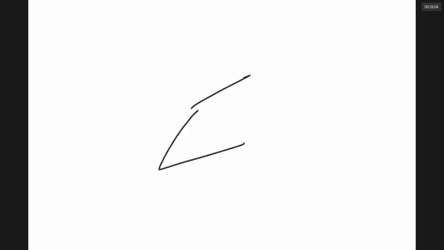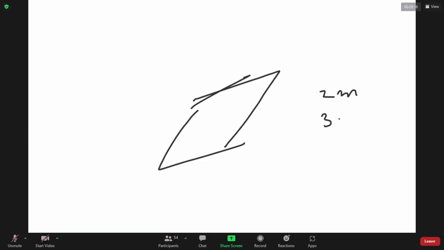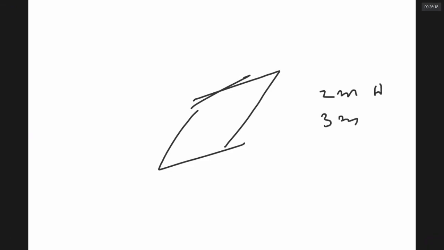Somebody has a plank of 2 meters width, 3 meters long, and he wanted to have 0.01 meter thickness.